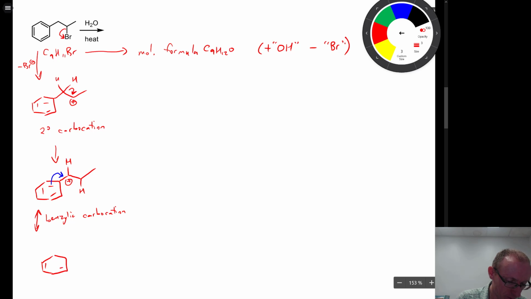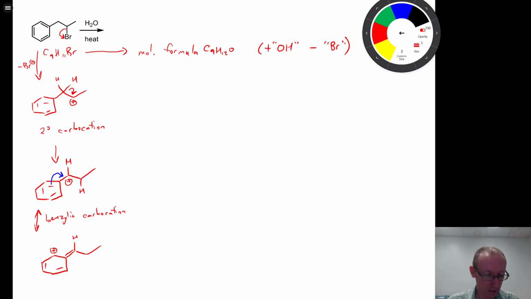Okay, so these 2 pi bonds are unchanged. However, we've lost a bond from that carbon, and it's moved across to this position here. Actually, I'm going to stop drawing that hydrogen there because it's no longer really useful to remember that it's there.